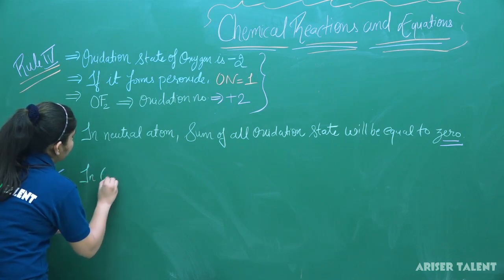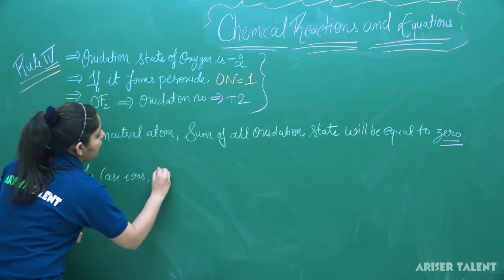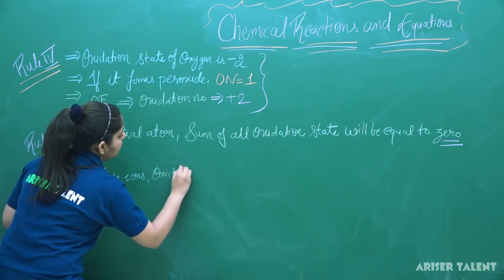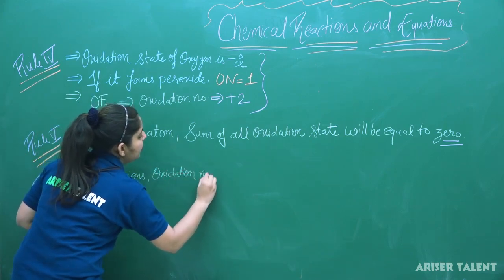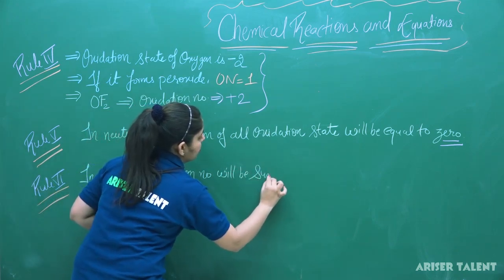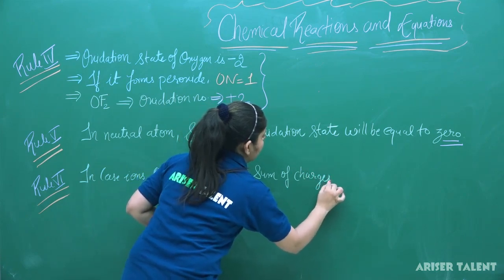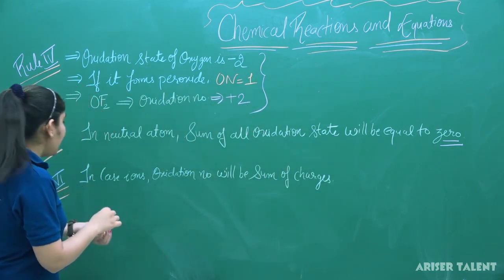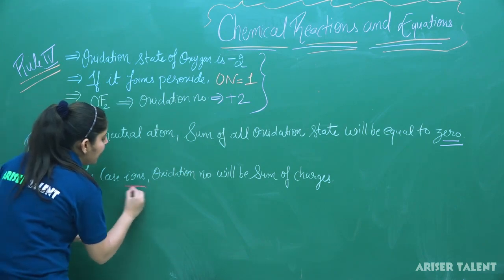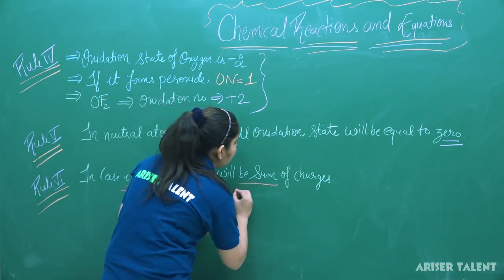In case of ions, the oxidation number will be the sum of their charges. If I am considering any ion, it may be a cation or anion, the oxidation number will be the sum of the charges upon them.